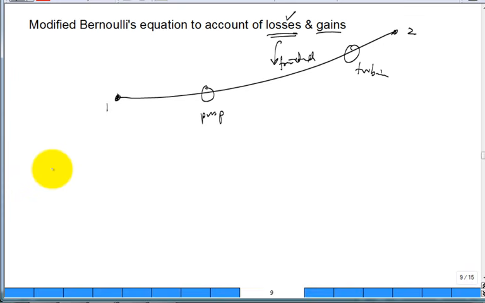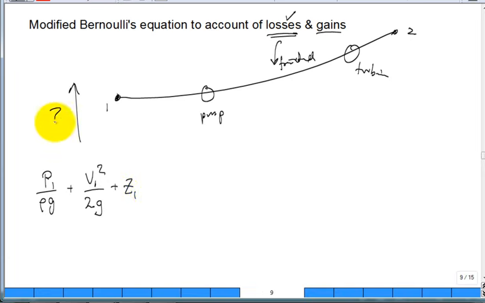So we're going to say that we have the inlet pressure divided by rho g plus V1 squared divided by 2g plus Z1, which is the elevation in a gravitational field. You have to get the coordinate system right there.